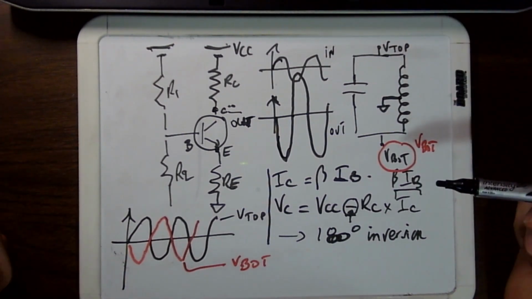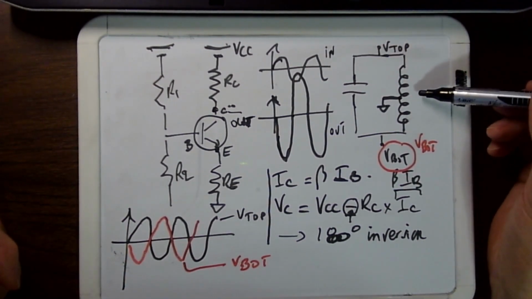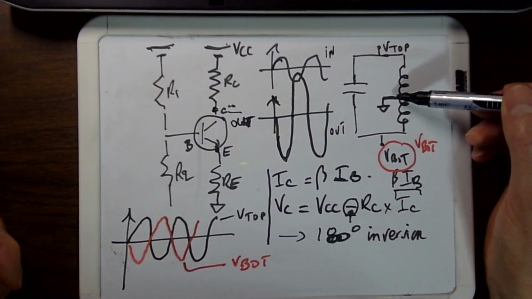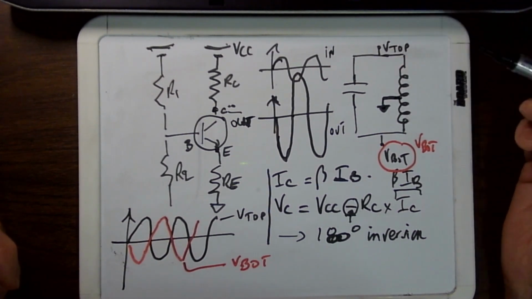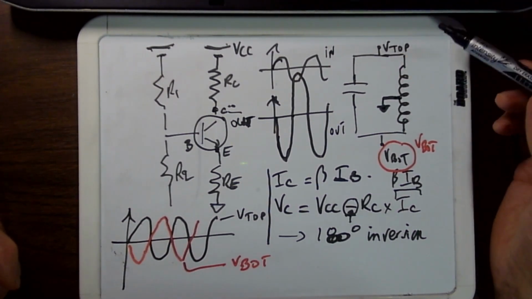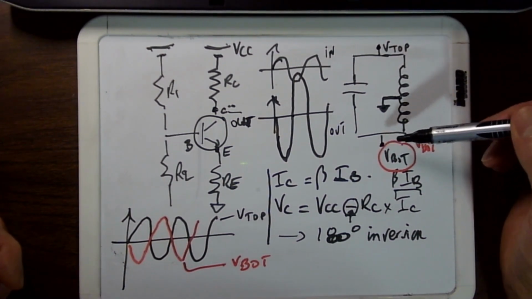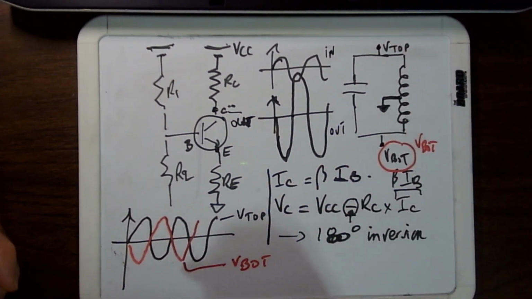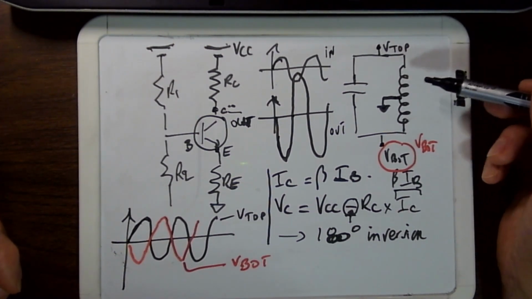So that's one inversion. There's another inversion because of the LC tank and the way it's tapped. So you have a tap which goes to ground here, but it could also go to a positive supply. And you have a V top and a V bottom. And if you plot those two, this is your V top and this is your V bottom, just by the fact that you have a center tap in this case.